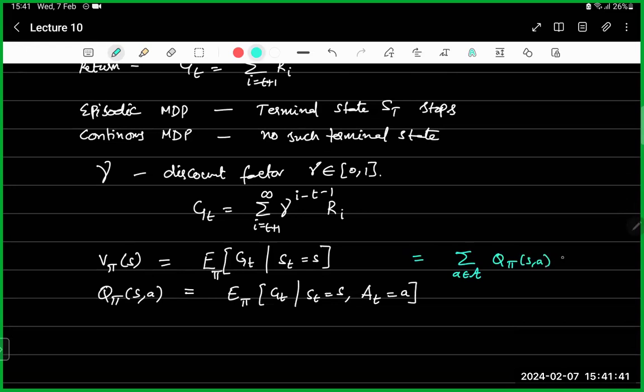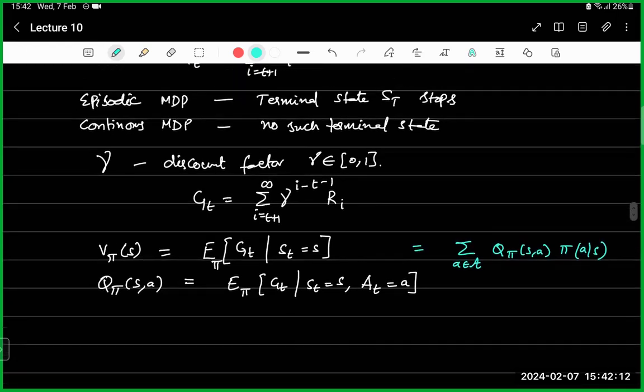What should I multiply with pi of a given s? V pi says that at every step, every action should be taken according to pi. Q pi says the first action I'll take is a, and from the second action onwards I'll follow pi. So we are just saying that even the first action should be chosen according to pi. Then we'll get V pi.